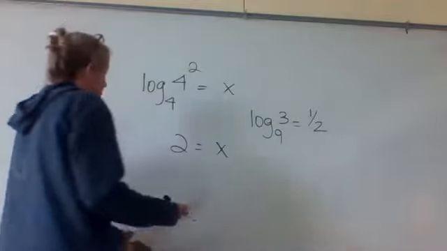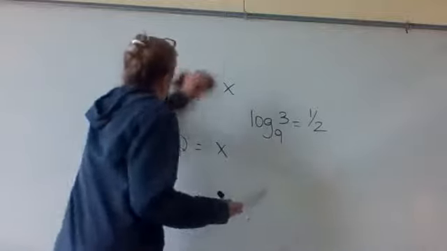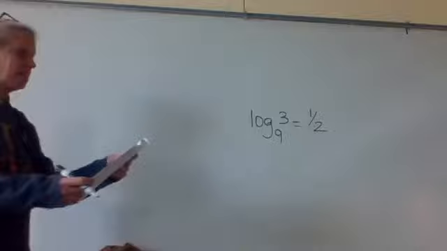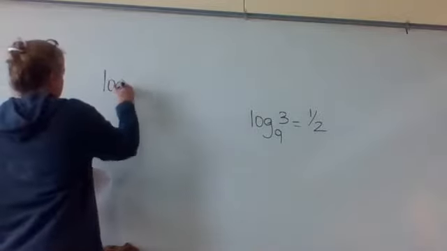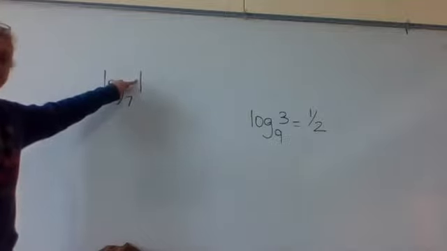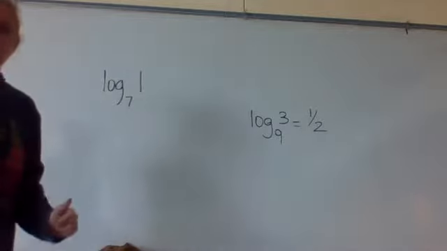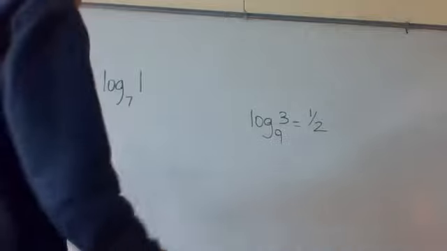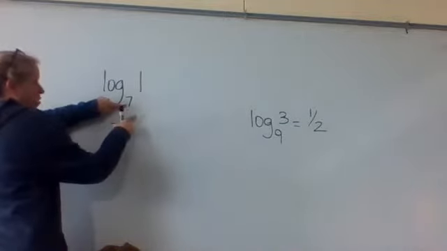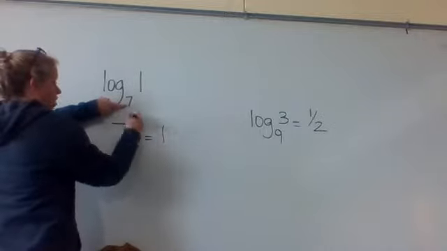Number 9. Log base 7 of 1. Now remember, anytime this is a 1, your log is going to be a 0, right? Because think about this. What are you going to have to raise 7 to? 7 to what power is going to equal 1?